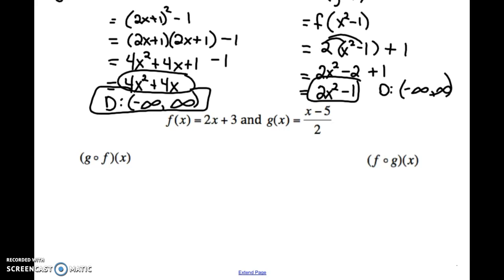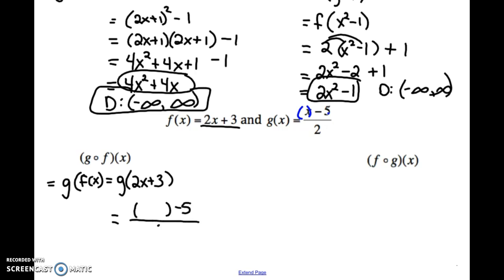Looking at these problems below, same thing, just different functions to work with. In the first one, g of f of x means g of f of x. So what we want to do is plug f of x into our parenthesis. So g of 2x plus 3. And then g tells us to take whatever's in your parenthesis, minus 5, all of that divided by 2. So it's going to be our parenthesis minus 5, all divided by 2.